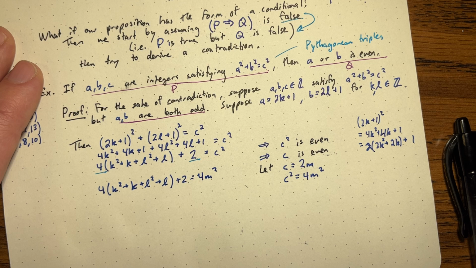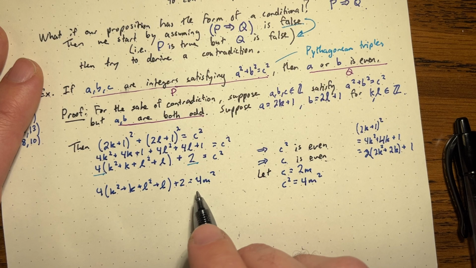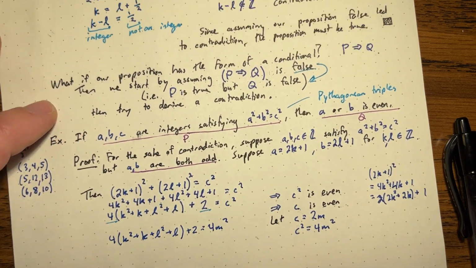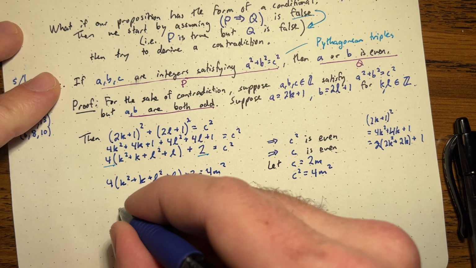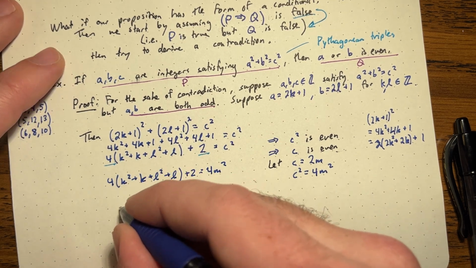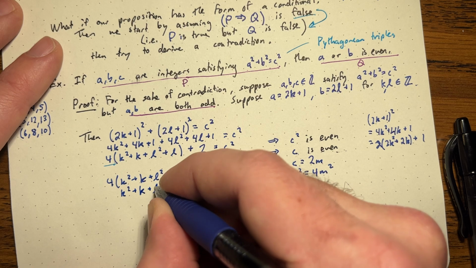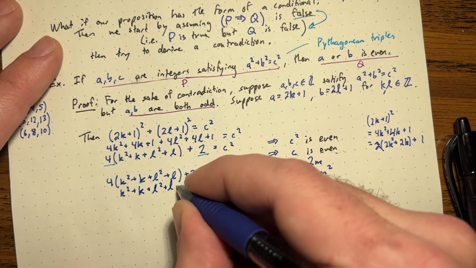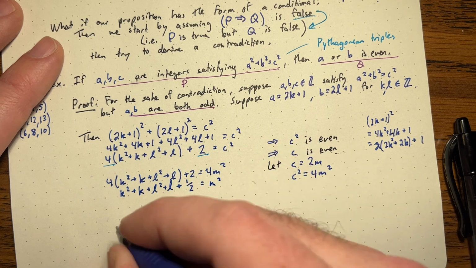Okay. This is kind of funny. I feel like it's going to end up being the same as that. So what if we divide by 4, and then move everything to one side?